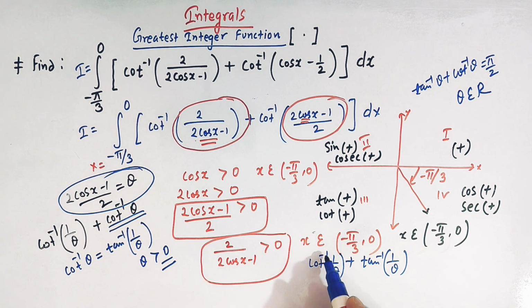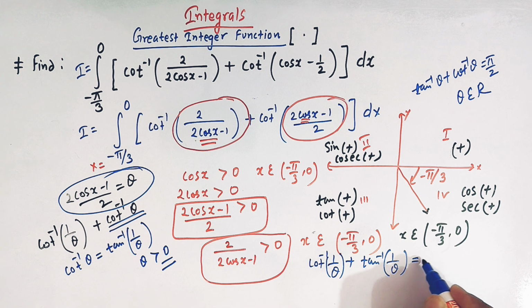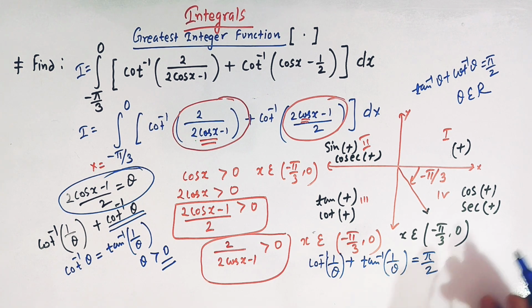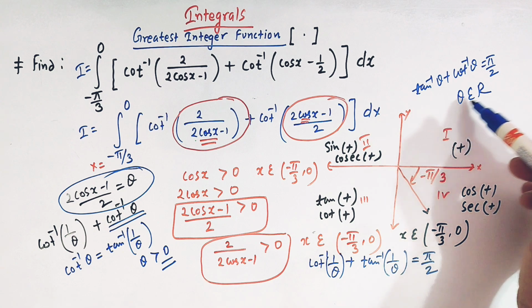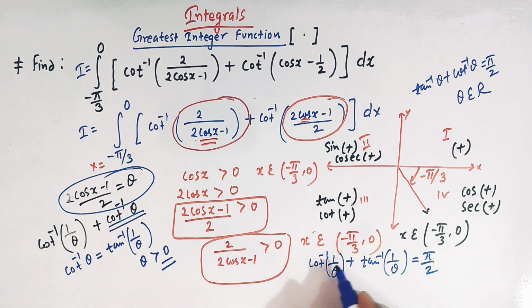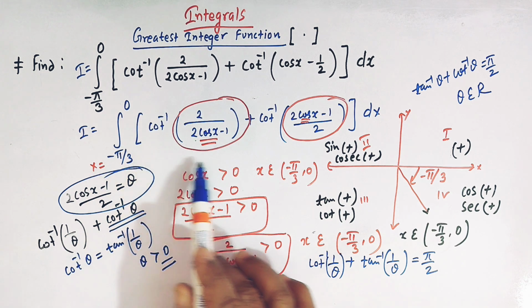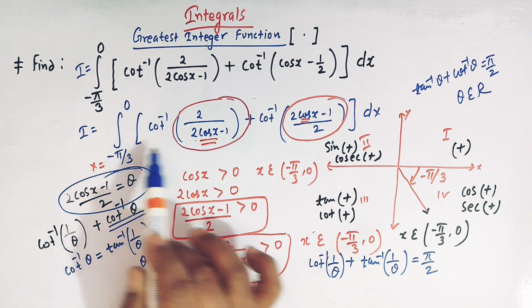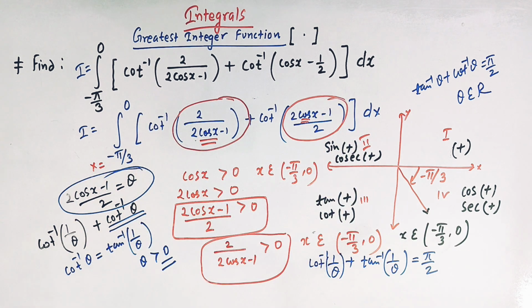So here cot inverse 1 over theta plus tan inverse 1 over theta is equal to pi by 2 by virtue of this property, right? So when theta belongs to R, then 1 over theta also belongs to R, right? So now this term which is inside the brackets is now equal to pi by 2, right?